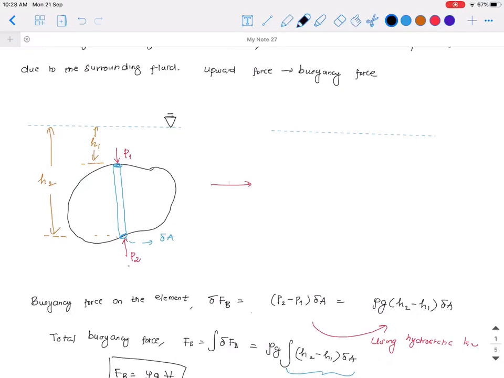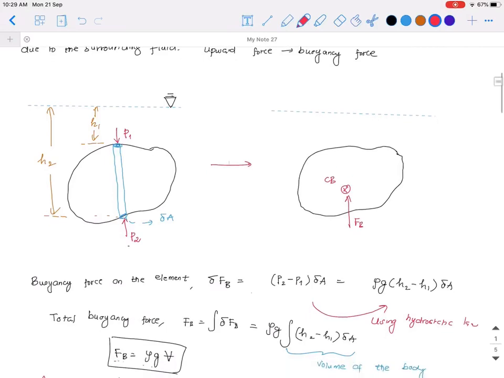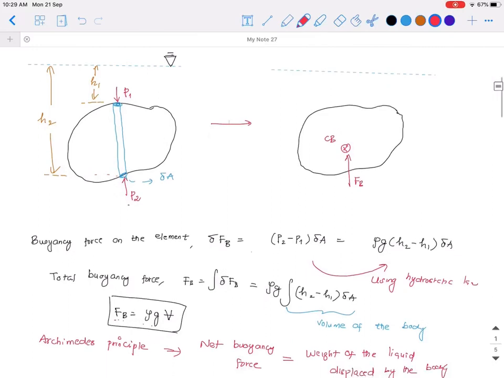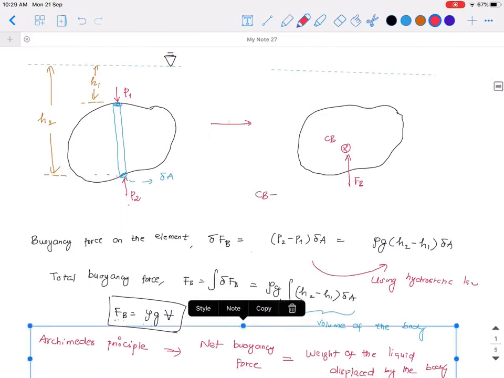This can be represented on the same body. If we draw the forces acting, there will be two forces acting on the body. One is this buoyancy force FB, that acts at the point called CB, the center of buoyancy.